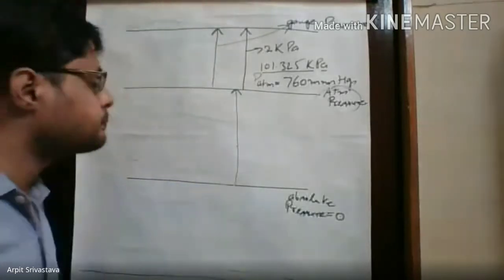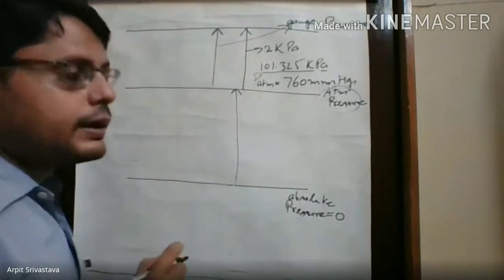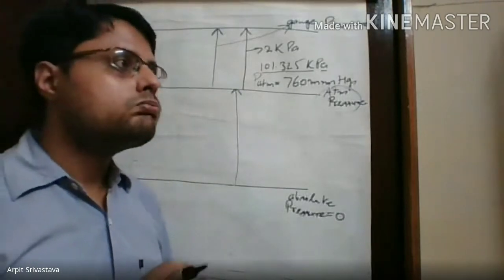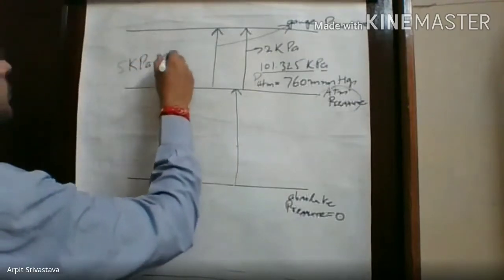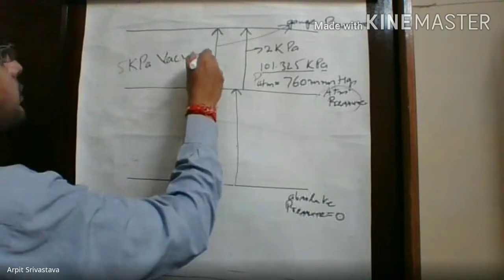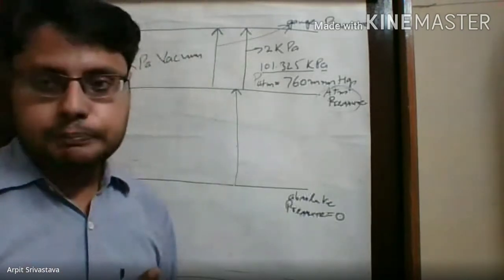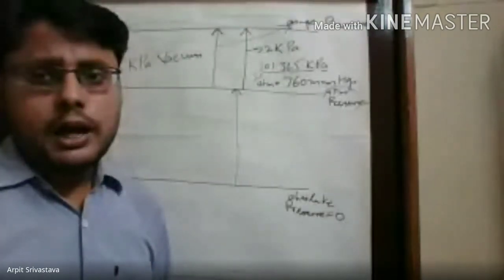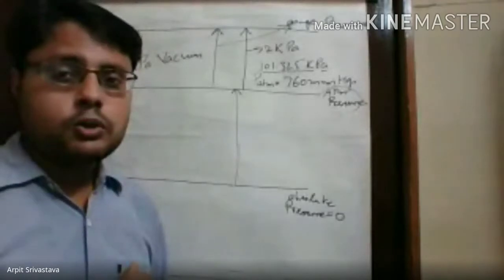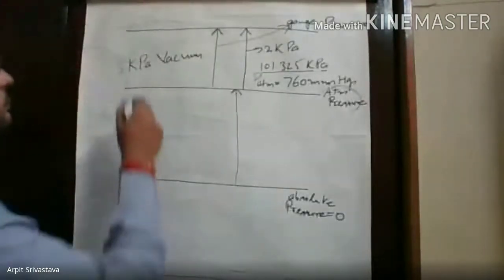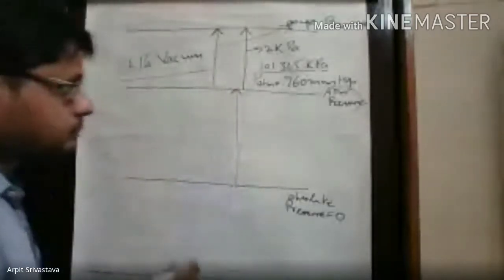Suppose anybody has 5 kilopascal vacuum pressure and asks what its absolute pressure is. You can represent this 5 kilopascal vacuum pressure in this manner.